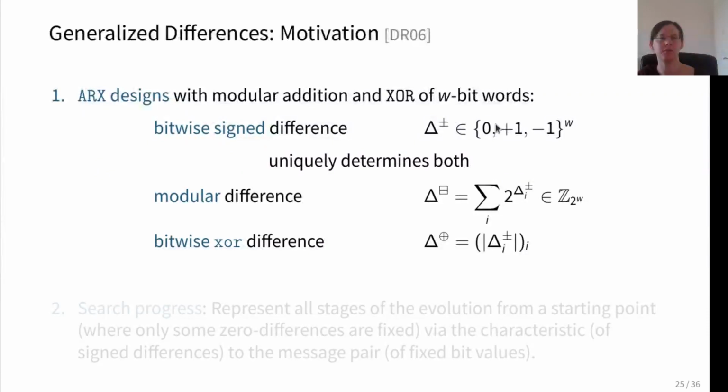So if you take the absolute value of the signed difference, you get the XOR difference. And for the modular difference, you use these as exponents for 2. So you're summing powers of 2, and then you get exactly the modular difference of the two values, modulo 2 to the power of the word size.